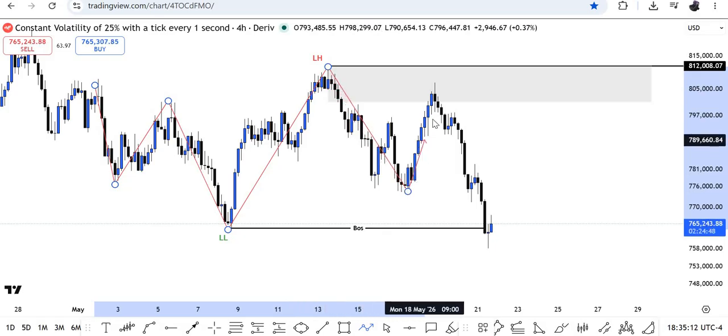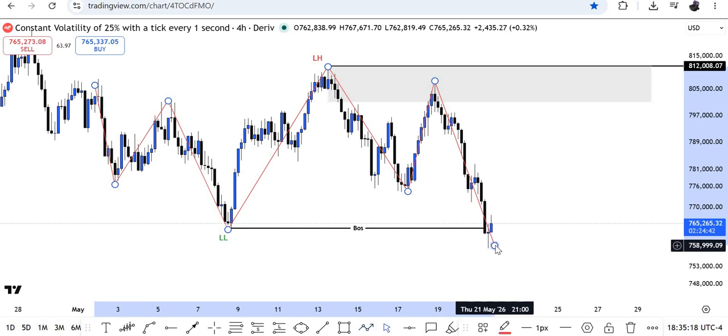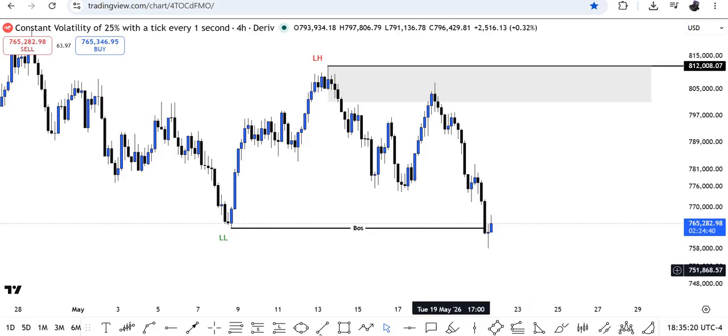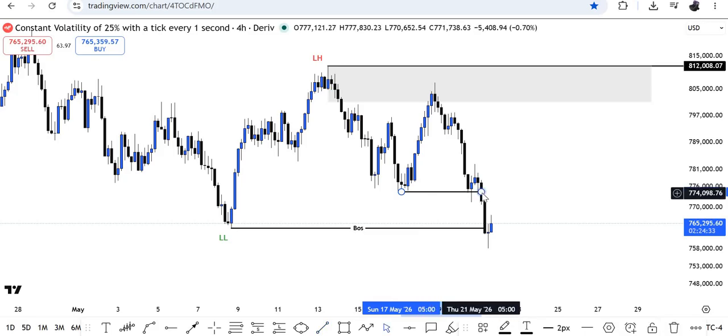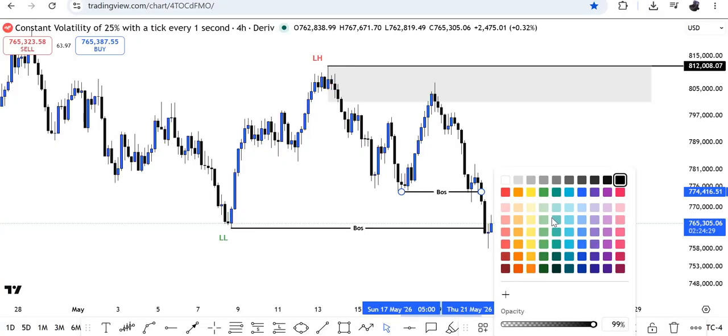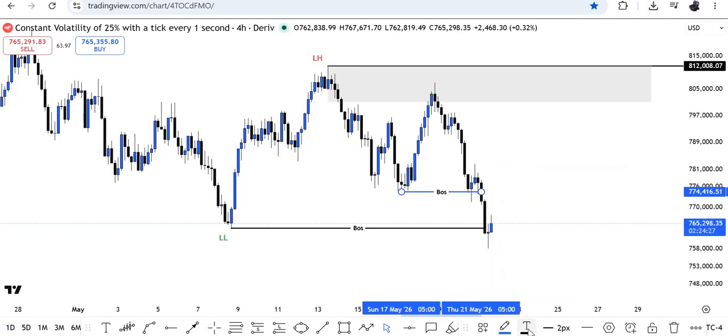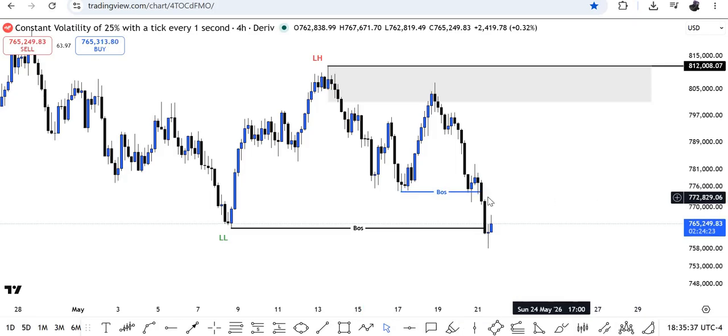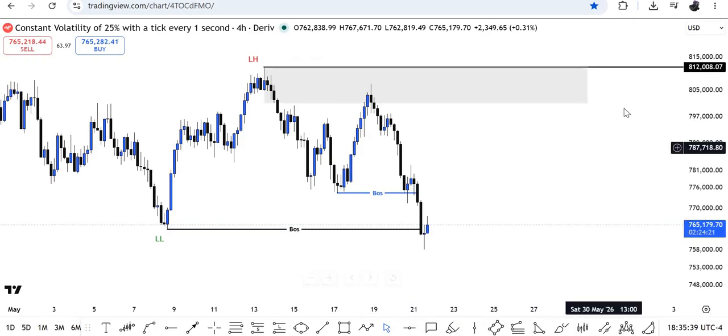Came here, pullback. So it's obviously H4 is actually bearish. What we're going to do is identify the last point that got broken on the H4, which is this. That's a break of structure for the H4, and I put my H4 in blue, just for color coding purposes.